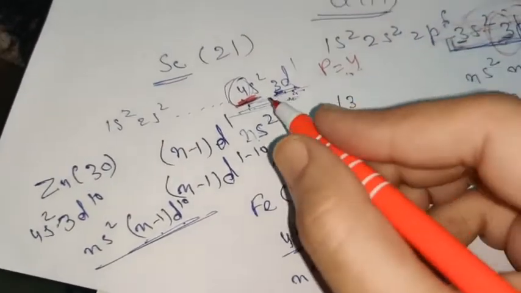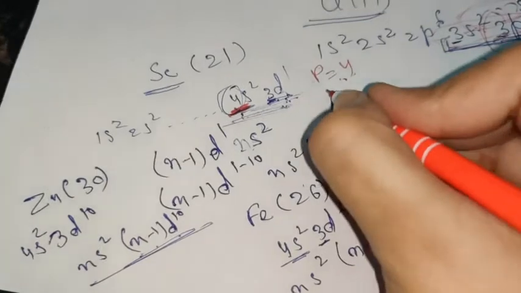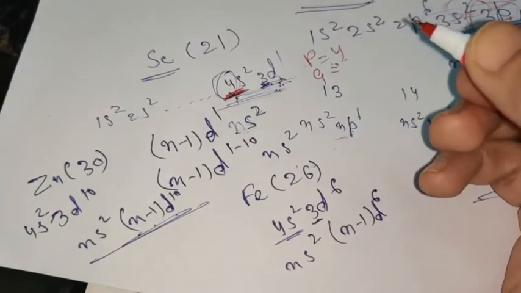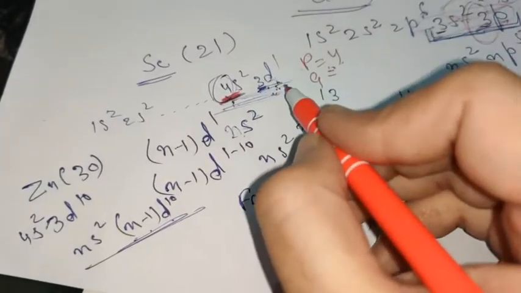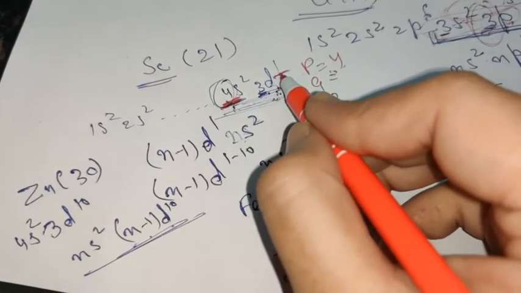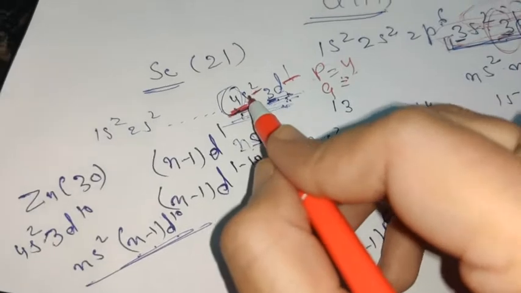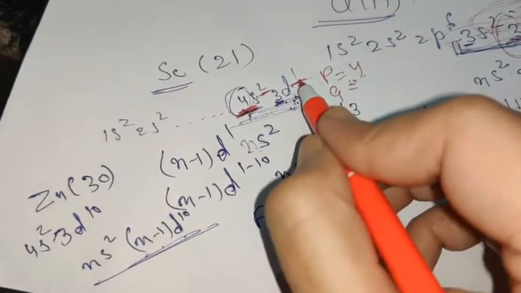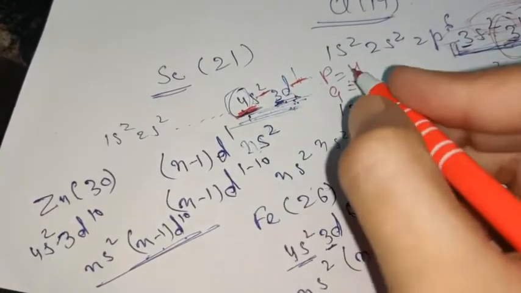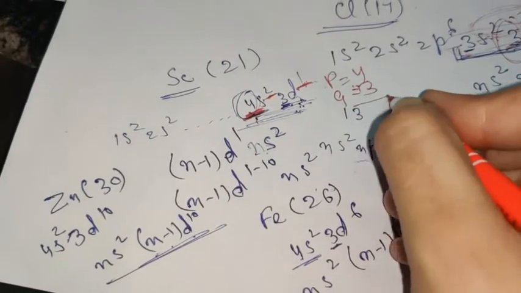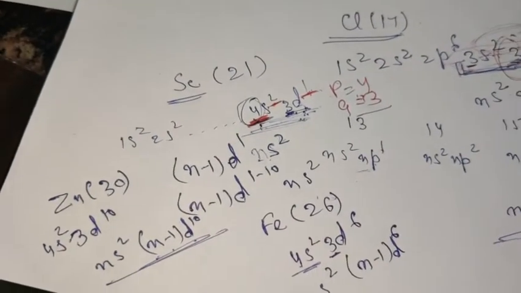Now how to find out the group number? In order to find out the group number, we simply see the number of electrons present here and the number of electrons present here and add the two. So you will get the value as 3. The group number becomes 3. Right?